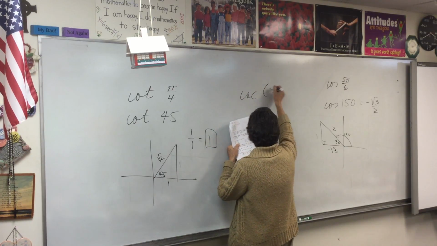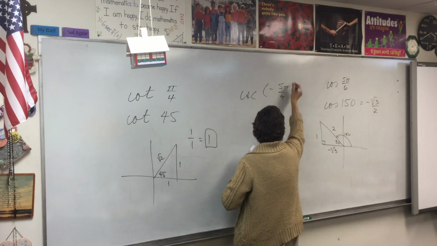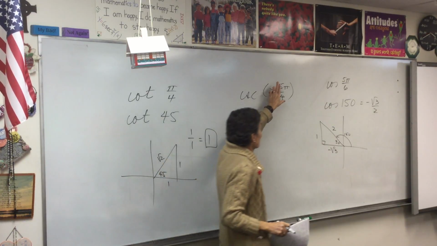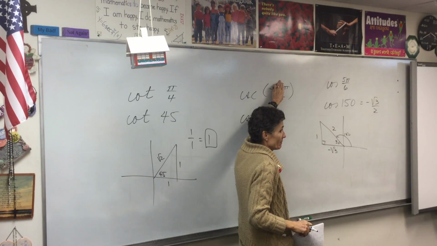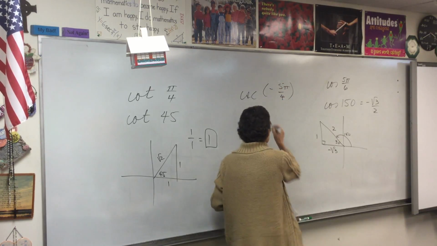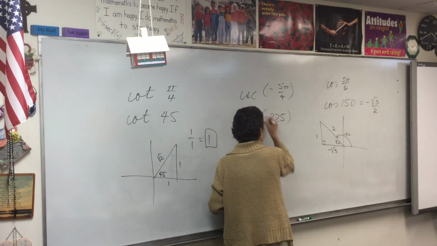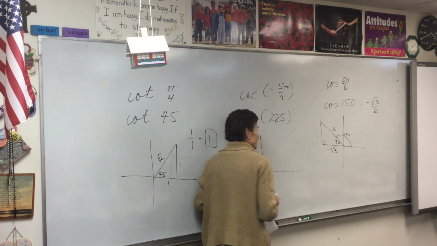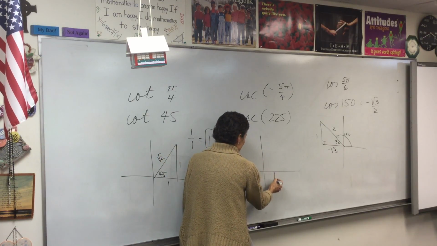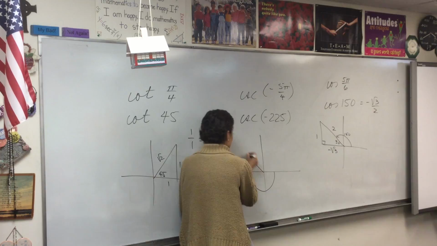And the cosecant of negative 5 pi over 4. So, 5 pi over 4, that would be 180 divided by 4, 45, times 5. Negative 225. Now be careful, that's a negative angle, which means we started in the same place, but we go the other direction.